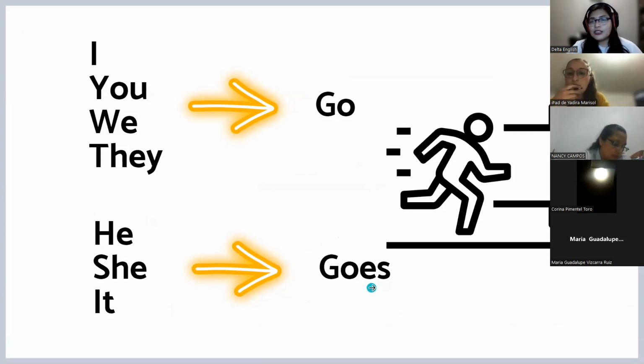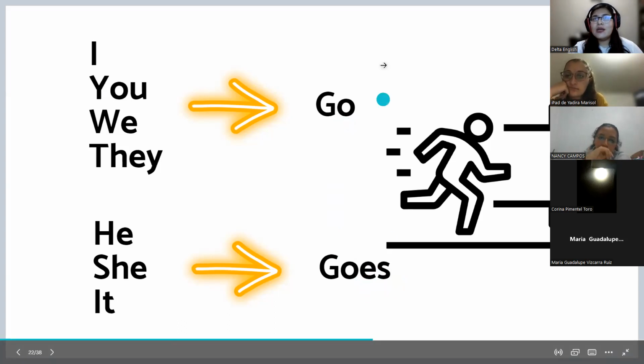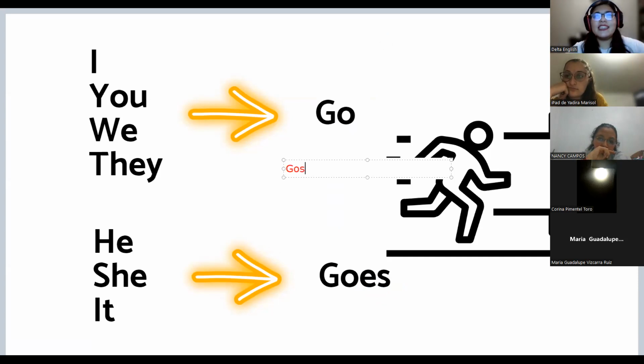If my verb happens to end with a vowel, for instance here, go ends with an O. So what I do is, instead of just adding the S, I'm going to add ES. Because if I just went like this, that looks weird and I don't like it. So that's just not what we're gonna do. That's not how it works.